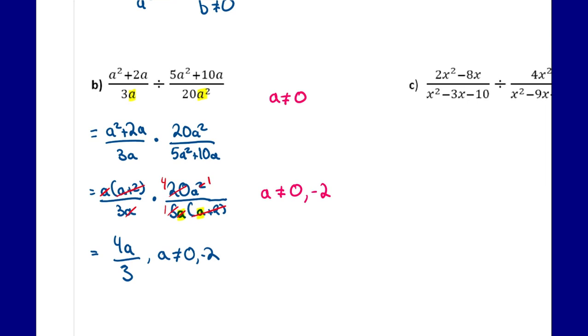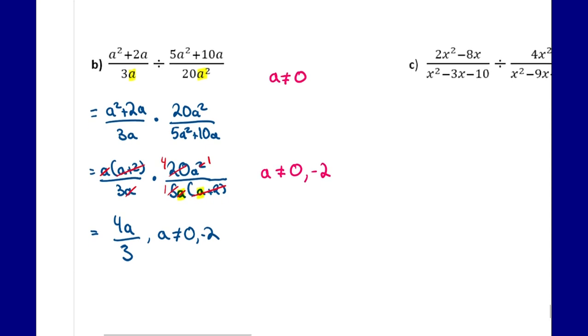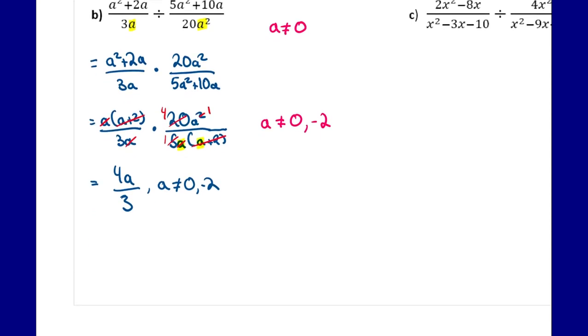Now, if you don't like this method of canceling things out, similar to what we've just done here, there are some things that you would want to cancel, like the factors. A plus 2, that's an easy one to see. For other ones, let's just do this separately. If the a plus 2 is gone, I know it's divided by 3a times 20a squared divided by 5a. If you don't want to cancel anything out with this, or you're a little bit unsure, go through and multiply.